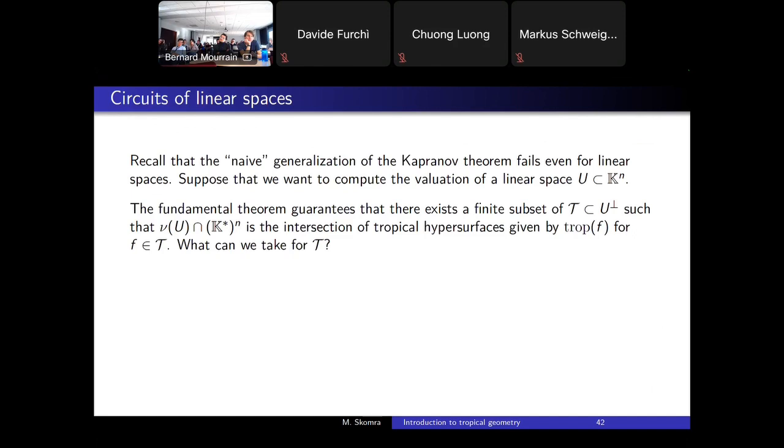However, the theorem guarantees that there is some finite set for which I can achieve a good tropicalization. It turns out that these finite sets for linear spaces have a particularly nice interpretation. Namely, you can just take the so-called circuits.